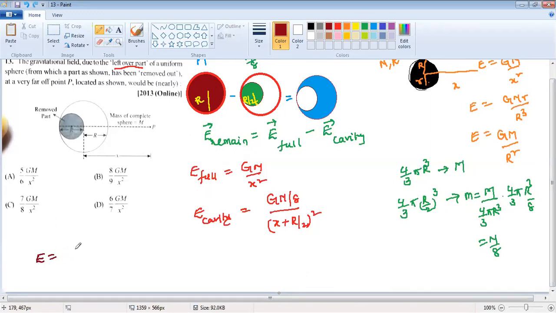E full is GM by x square, minus GM by 8 into x plus r by 2 whole square, which means 2x plus r whole square by 4.